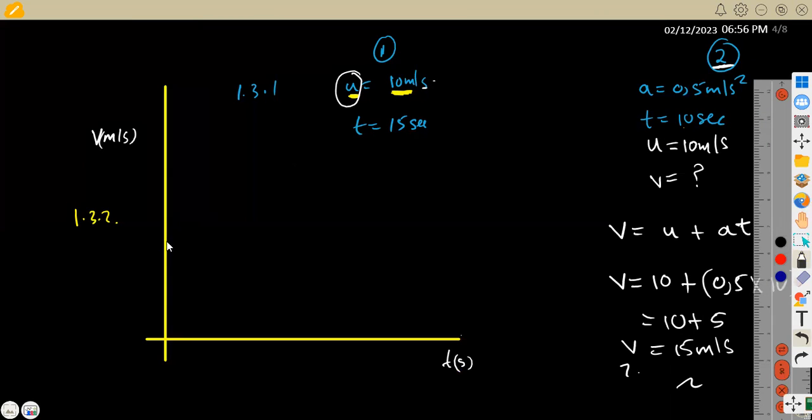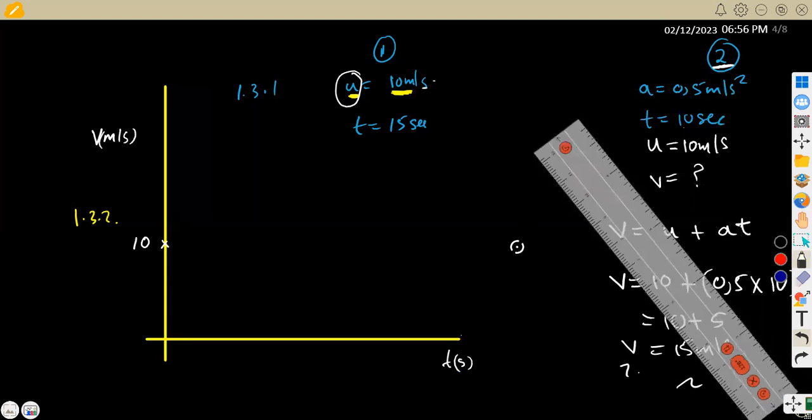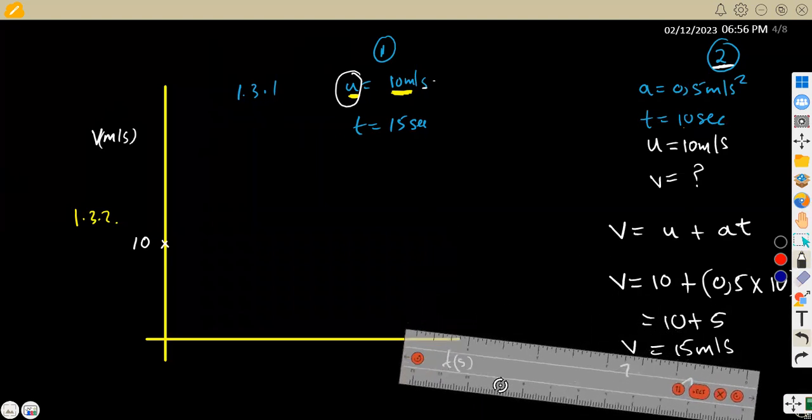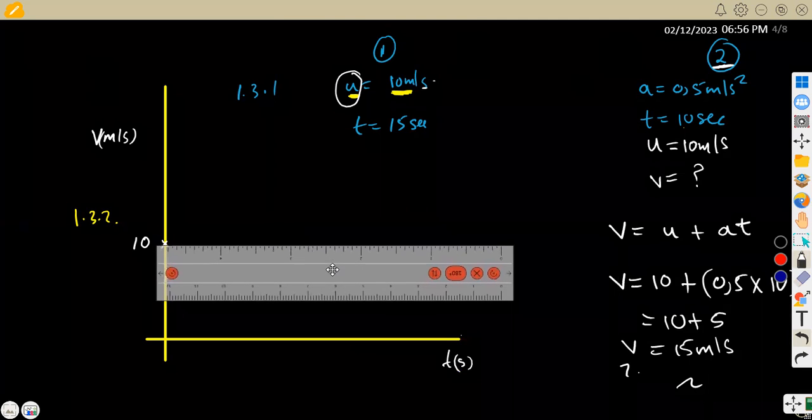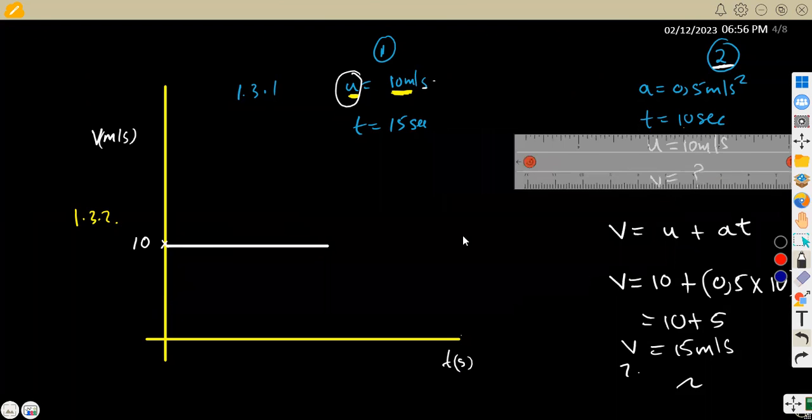So it was maintaining a velocity here at 10 meters per second up to 15 seconds. So we shall just sketch it like this. The velocity is going to be maintained for 15 seconds. So at this point, we can simply say this is our 15.